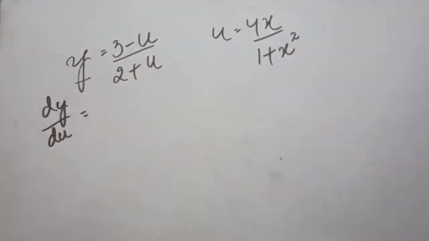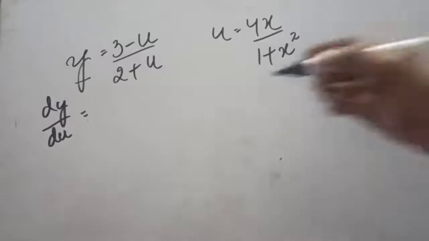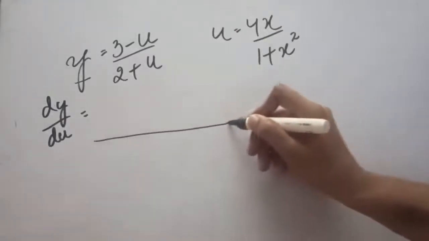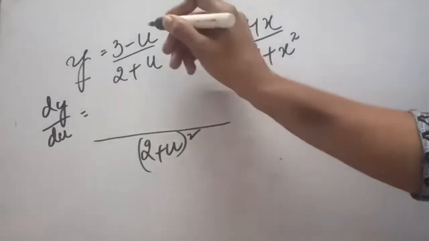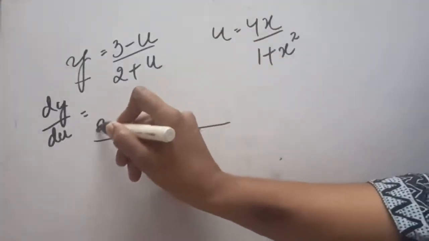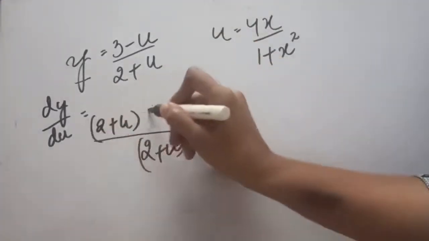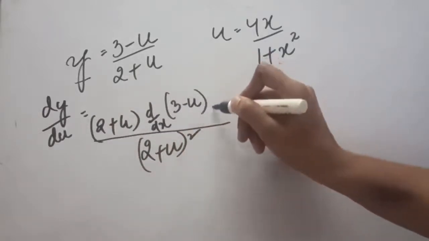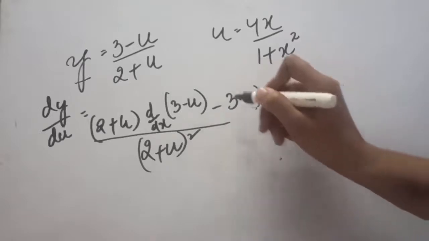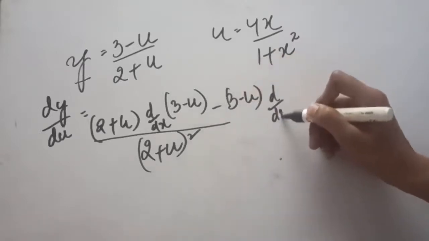As we can see, it is a question of division, so here we have to apply the quotient rule. So here v square, this is v, this is u, again v, d upon dx of u, minus u, d upon dx of v.